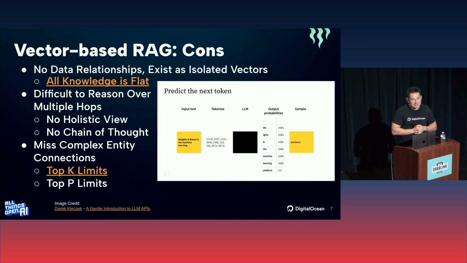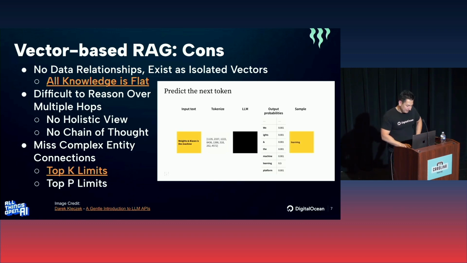And there's a bunch of other things that impact that as well, right? Top K, top P, which I'll go into in a little bit here. All of these different things that are meant to make vector databases excel and be very performant also hinder their ability to give you the appropriate or correct response.